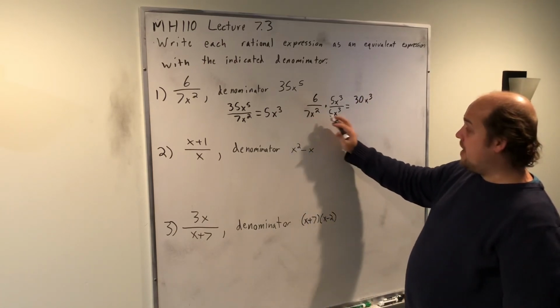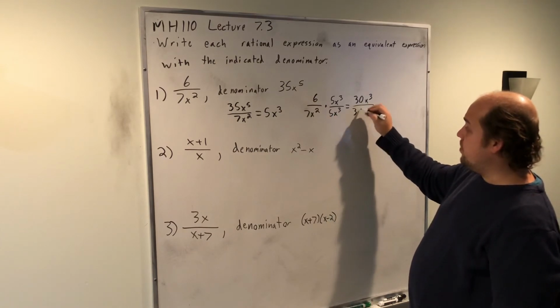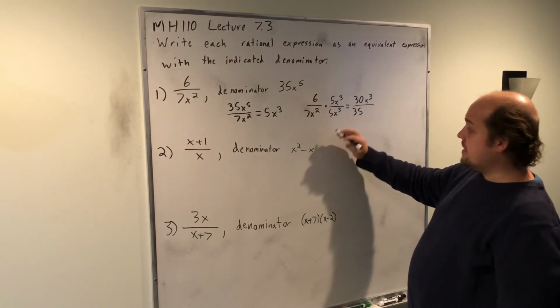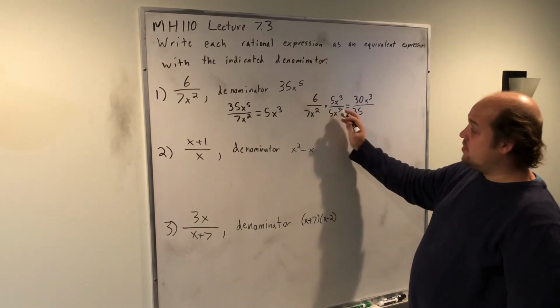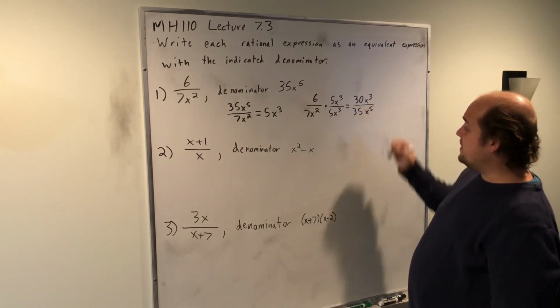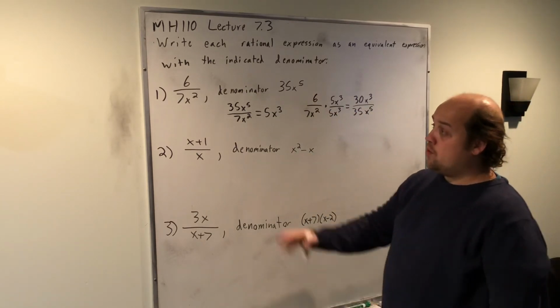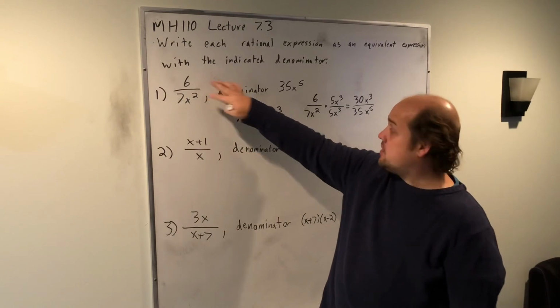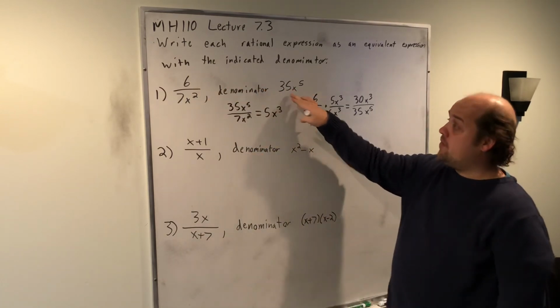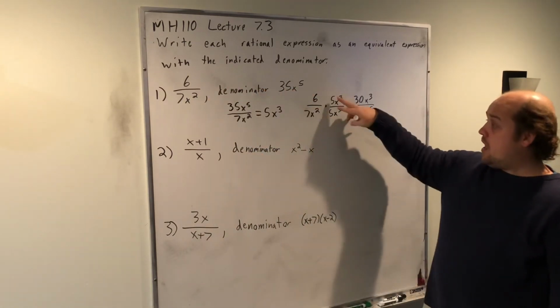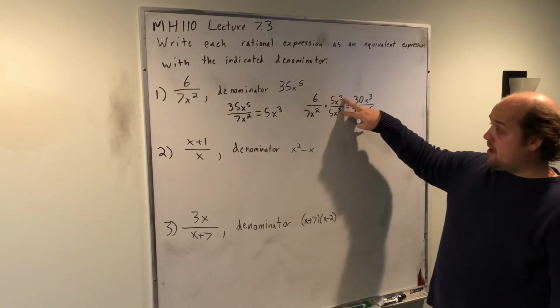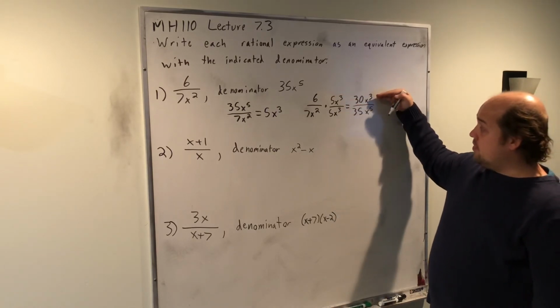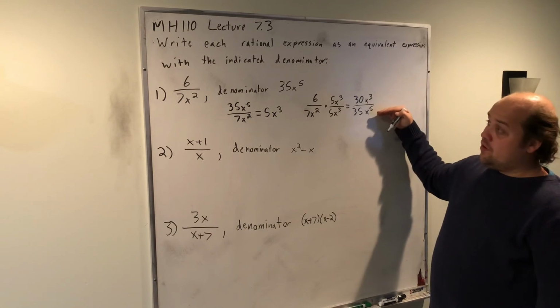On bottom, 5 times 7 gives me 35. X to the 2nd times x to the 3rd becomes x to the 2 plus 3, or x to the 5th. So if I want to write an equivalent fraction over this common denominator of 35x to the 5th, I would multiply top and bottom by 5x to the 3rd to get 30x to the 3rd over 35x to the 5th.